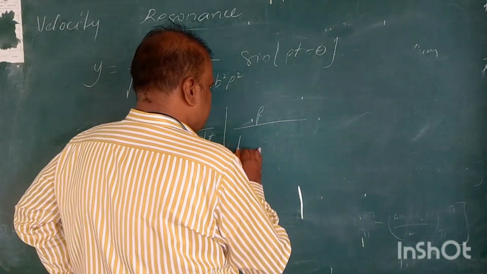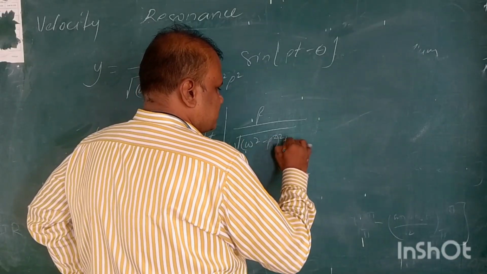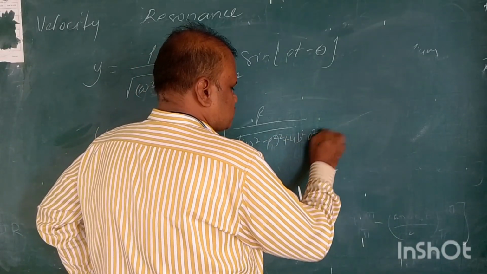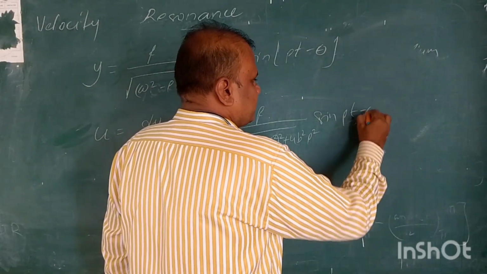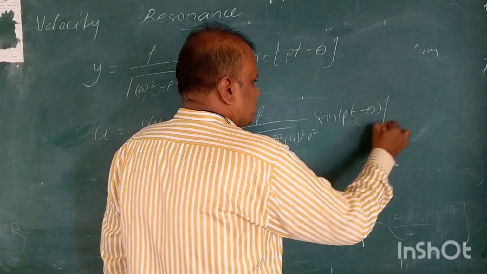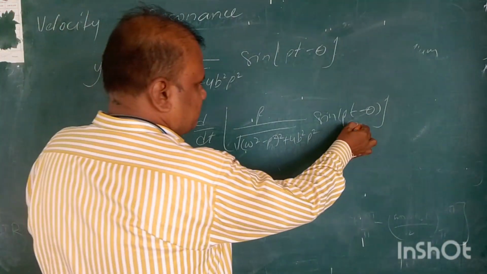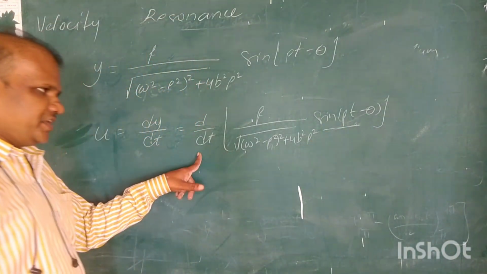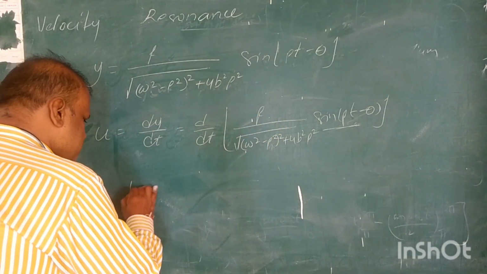So f divided by under root of (omega square minus p square) whole square plus 4b square p square, sine of (pt minus theta). Here the differentiation is with respect to t only, so this is the term which is related to time t. The remaining terms will be treated as constants.